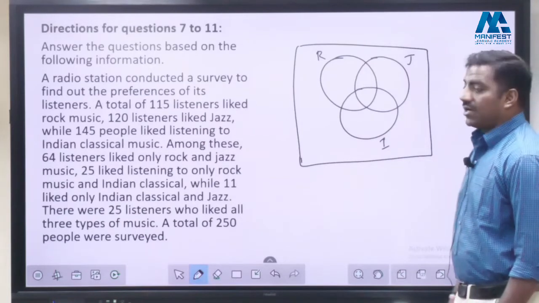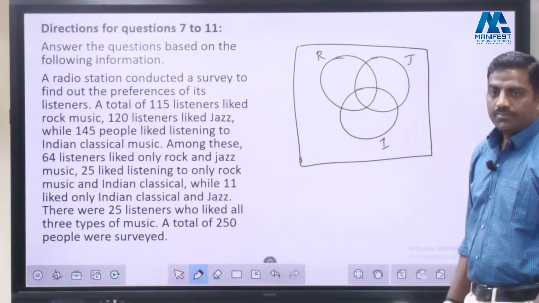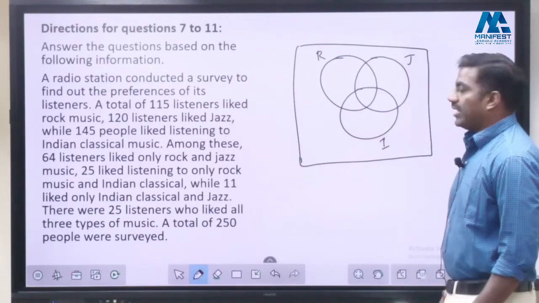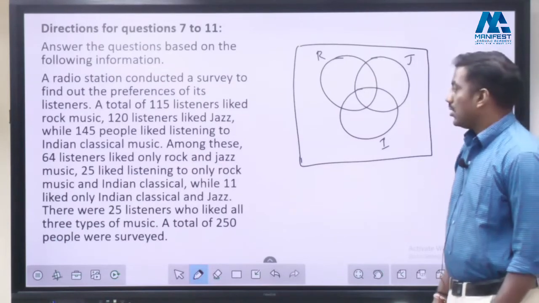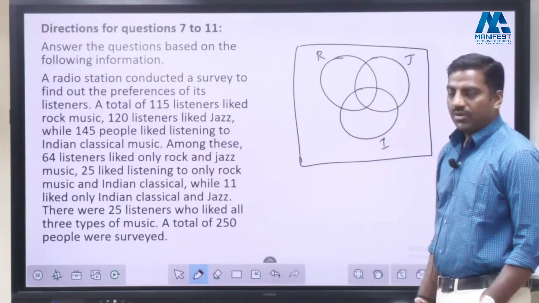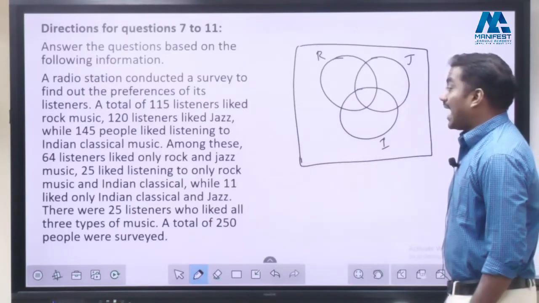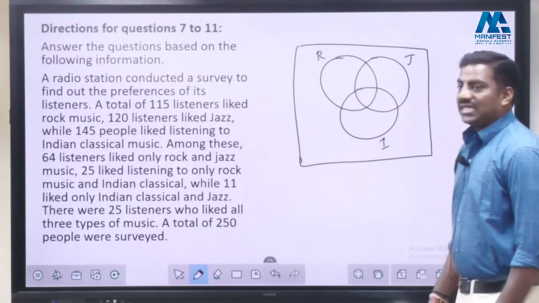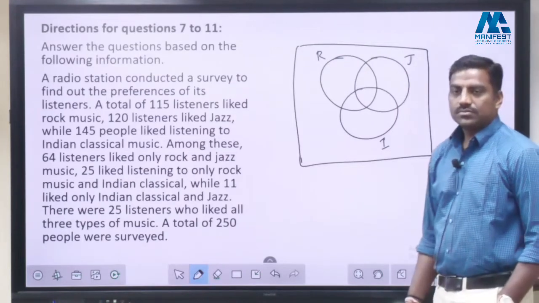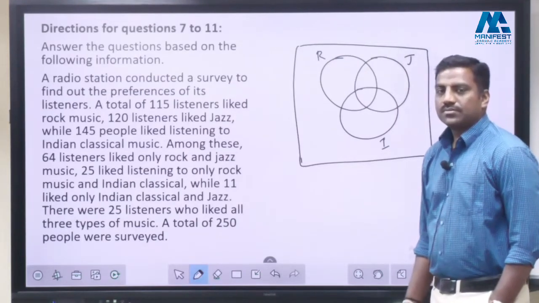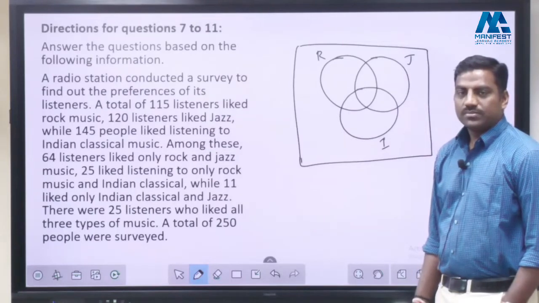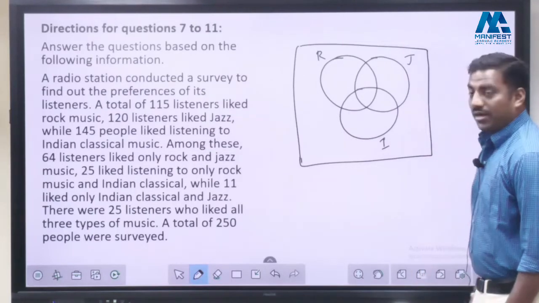115 listeners like rock. Can you fill this 115? No. 120, can you fill? 145, can you fill? No. Next sentence. Among these, 64 listeners liked only rock and jazz. Can I put this one? Yes. Where?